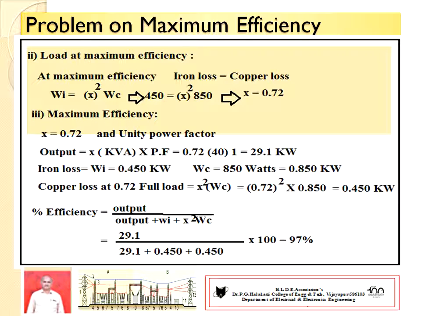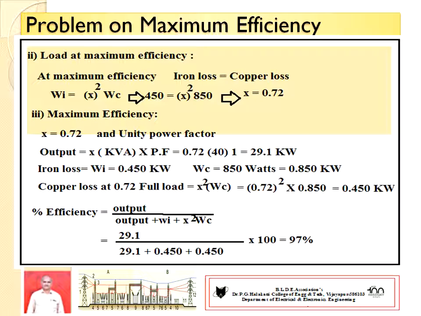Write the given value of iron loss, and the given value of copper loss multiplied by X square, that is 450 equal to X square times 850. So, calculate the X value. This is the load where maximum efficiency occurs, X equal to 0.72.